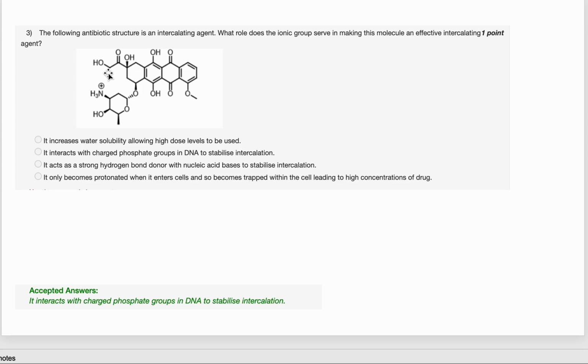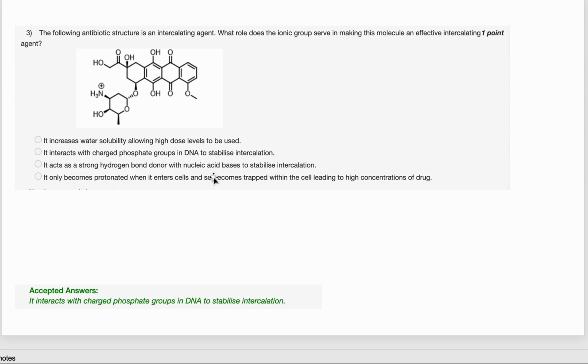Along with the planar structure pushing itself in, once it has this positive-negative interaction, it becomes more steady and stabilized, and it holds onto the structure and stabilizes the intercalation. That's why B is right.